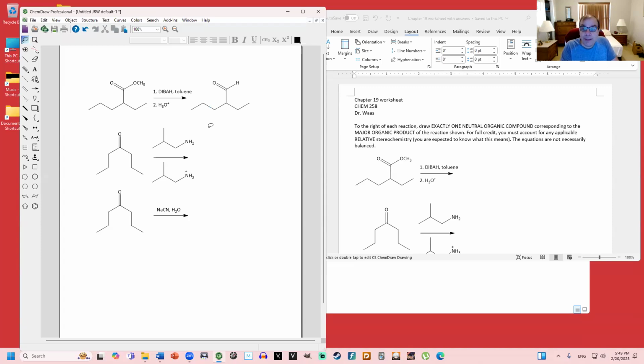So they will wind up in the aqueous layer when one does the aqueous organic extraction. And so they will wind up being taken out of the organic part of the mixture and will wind up in the waste jug. So the major organic product that will get isolated would be this aldehyde.